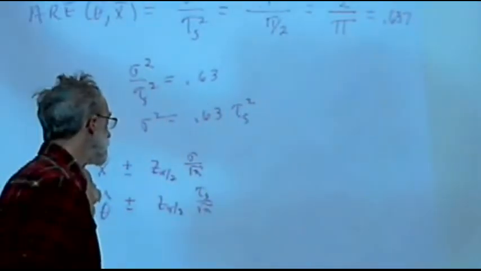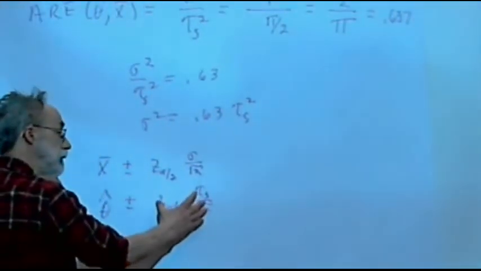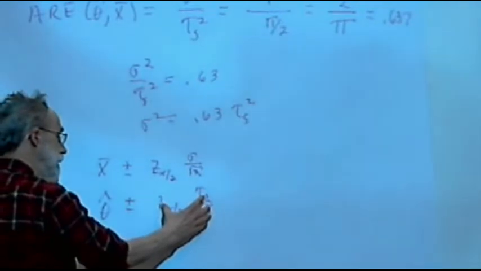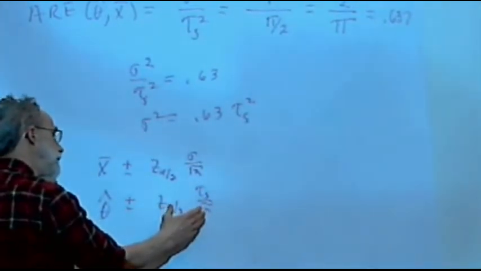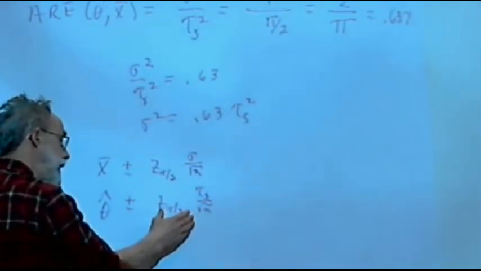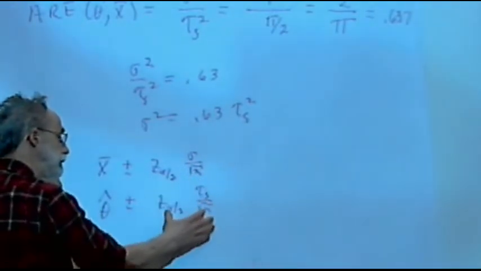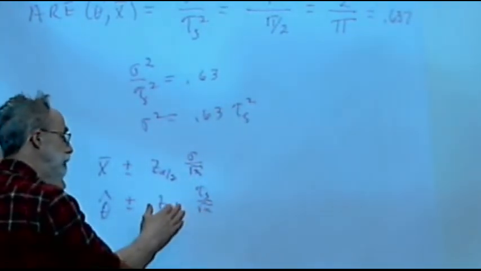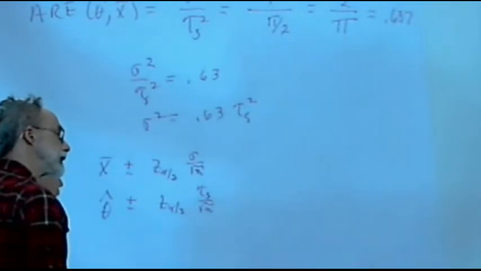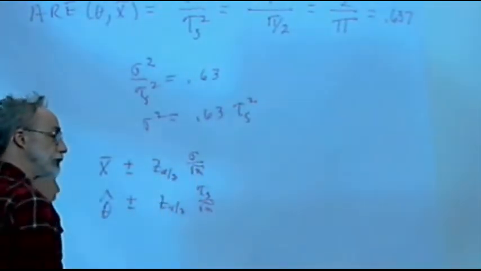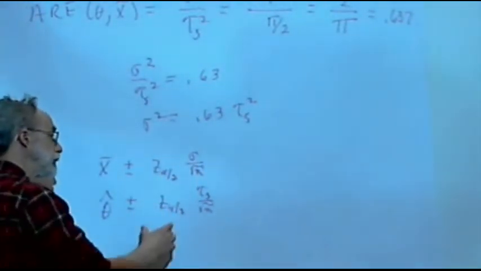So which one would you want to use if you were sampling from a normal? Well, the variance of x bar is 0.63 times that of the median, so it'll be smaller. I don't want to use the median here because if you multiply this by the square root of 0.63, you'll get this one, and this one is much smaller.